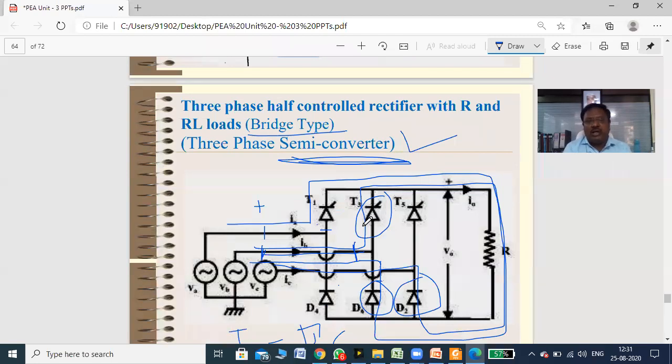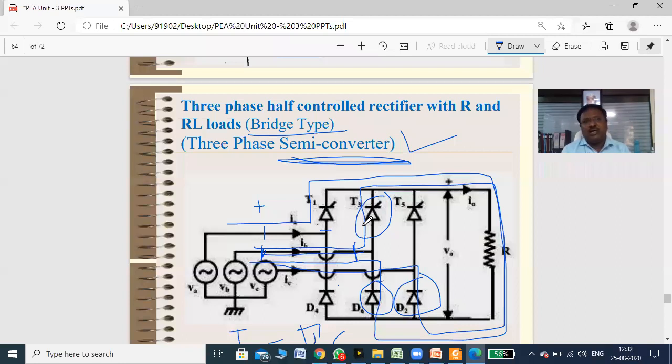I have already shared the notes, the PPT of unit 1, sorry, unit 2 and unit 3. I'll share the notes of unit number 3 after the end of this unit, and I'll share some videos with you, that is the working of single phase converter and working of three phase converter.